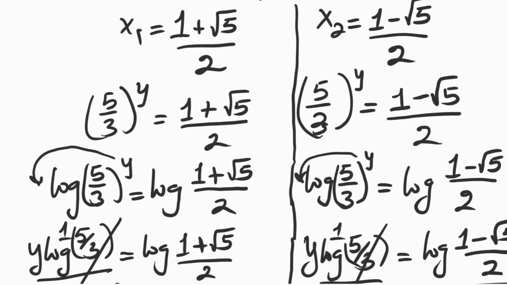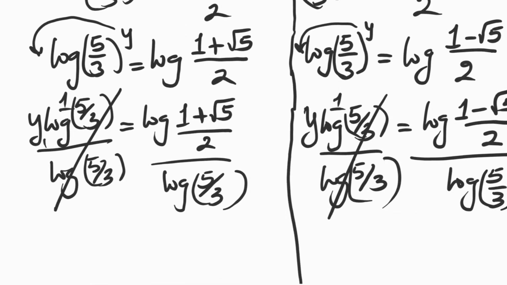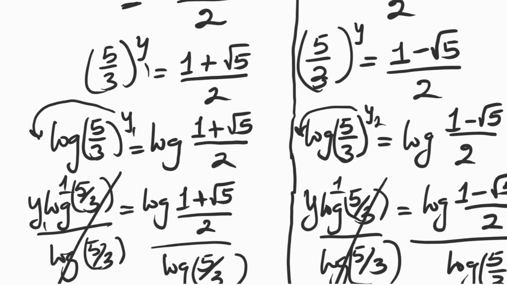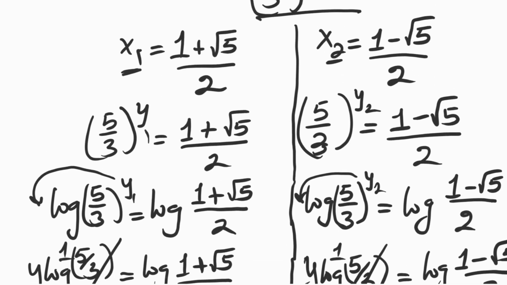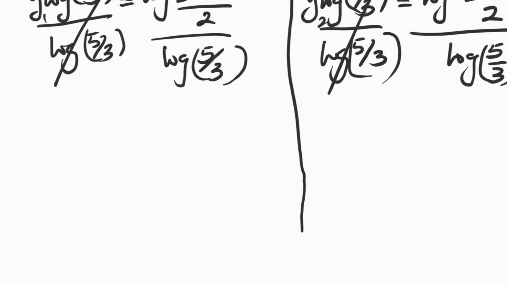Because when we started, this was x1, therefore this is y1. So let's just denote that. This is y2 there, because this is x2 up there. Because we know x1 and x2, now we're looking for y1 and y2.